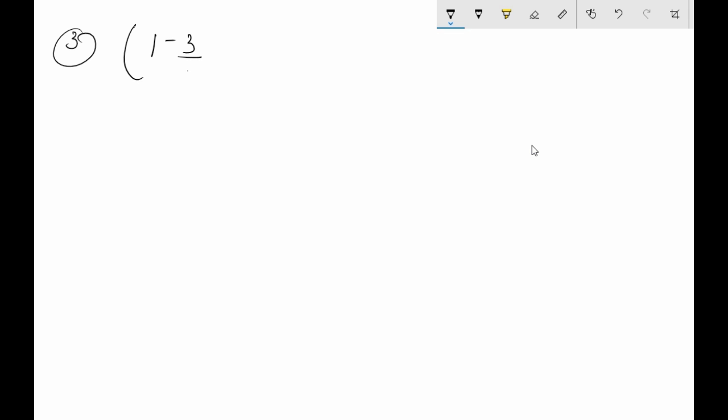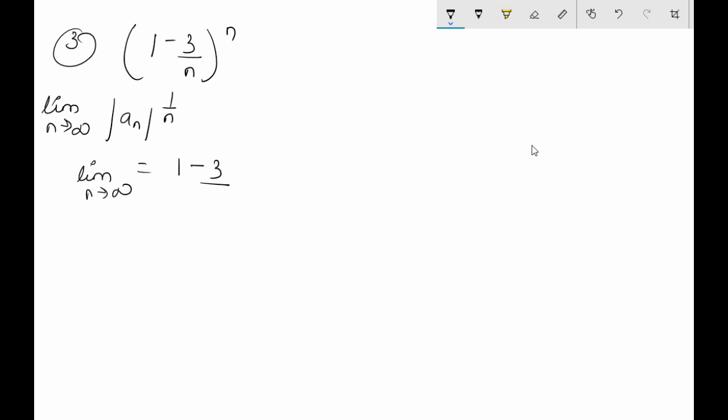One minus 3 by n, raised to n. By root test, limit n tends to infinity, nth root of a_n will be equal to limit n tends to infinity, (1 minus 3 by n) raised to n, raised to 1 by n.